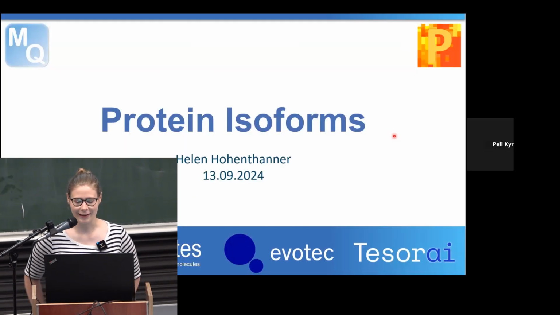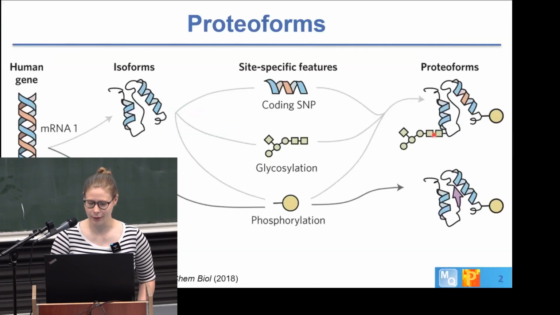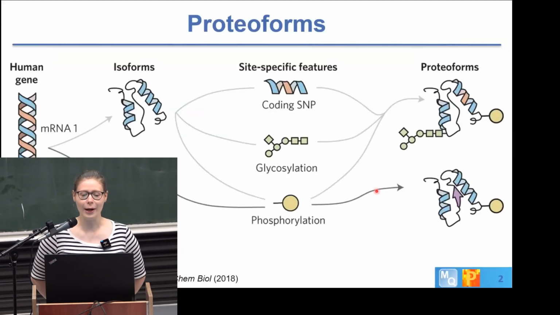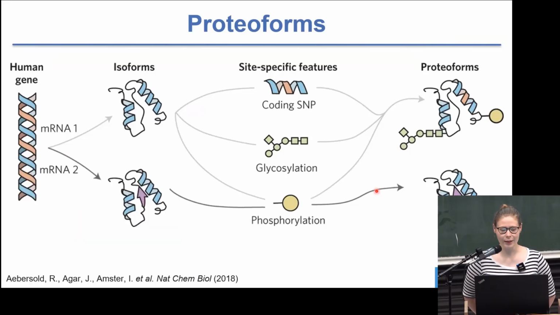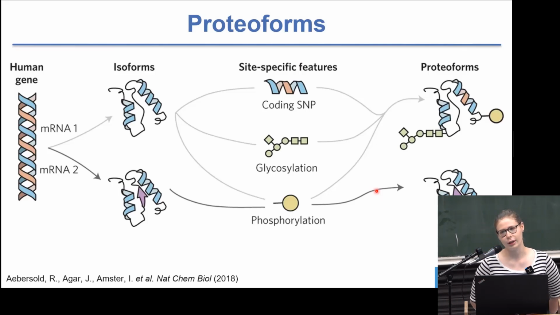As you can see from the title, I will try to focus in my PhD on protein isoforms. So why do we care about this? As you all know, the human genome has roughly 20,000 protein coding genes. However, the proteome and proteoforms are much more diverse. There are roughly 2 categories of things that contribute to this diversity. The first thing, as you have here on the mRNA level, is alternative splicing.